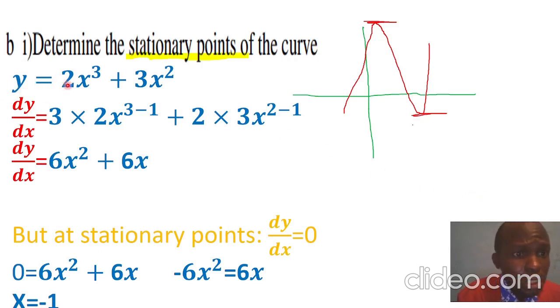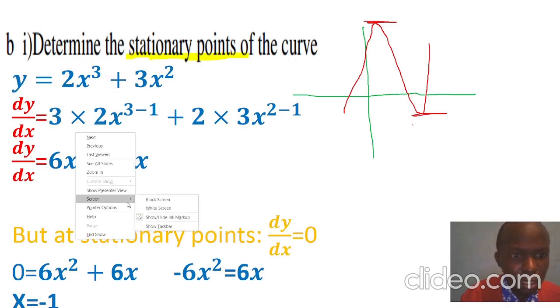y is equal to 2x cubed plus 3x squared. That is the original equation. But what is the gradient function, or rather the derivative? dy/dx is equal to, now let us see how the differentiation has happened.